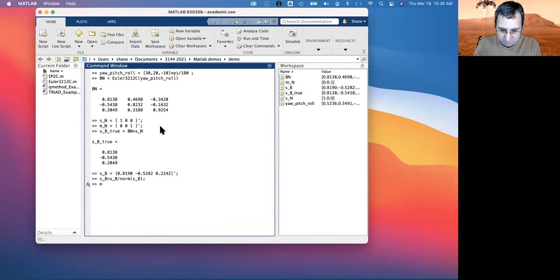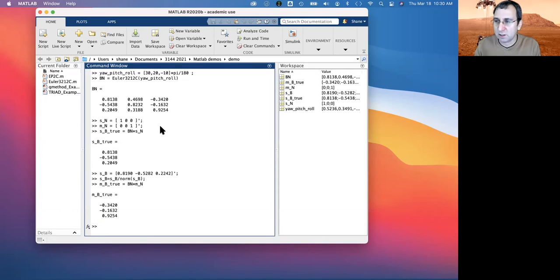And what's the magnetic field? Magnetic field true is Bn times Mn. I'm going to introduce a little bit of error to that, maybe make it a little larger since it is the magnetic field, about 2 degrees. I've already figured out what I need to do to make it 2 degrees, because again, I'm just doing a demo.